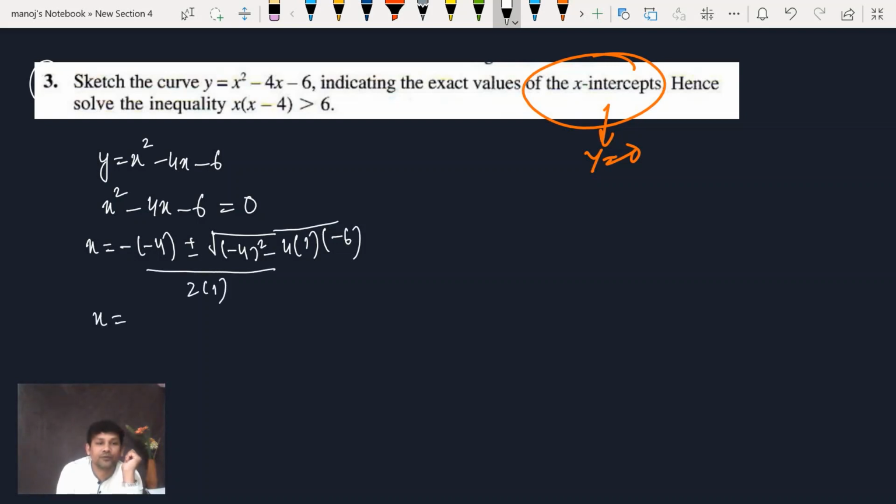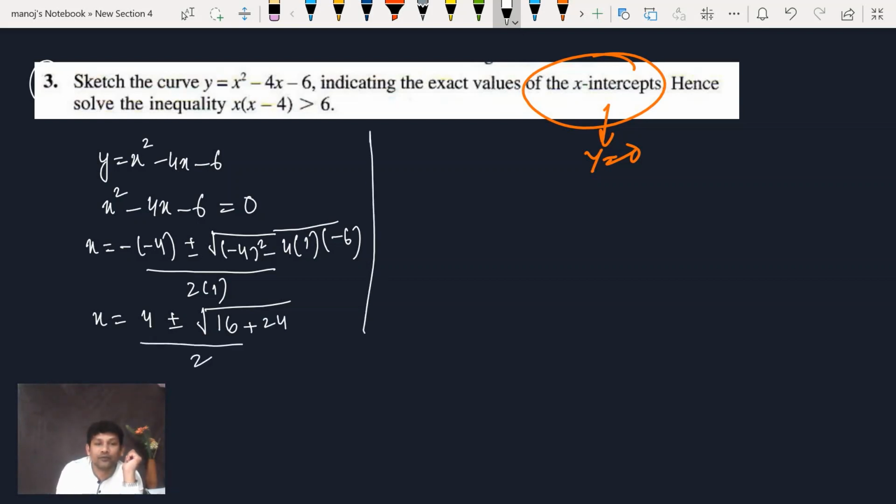Then we have 4 plus minus the square root of 4 squared, which is 16, minus minus is plus, 6 times 4, 24, divided by 2.